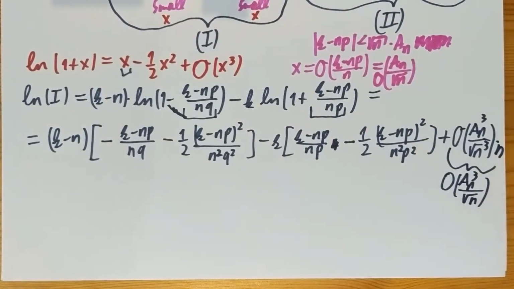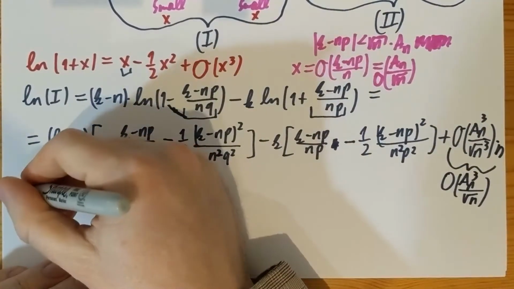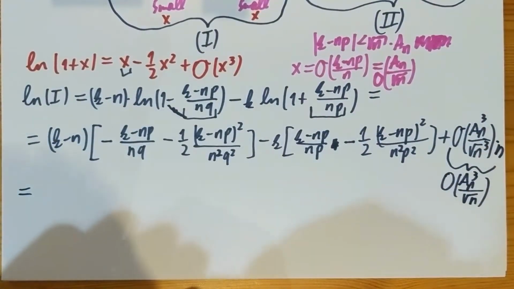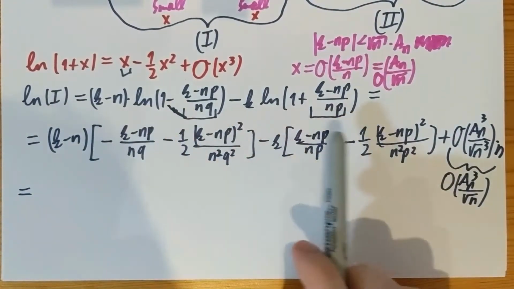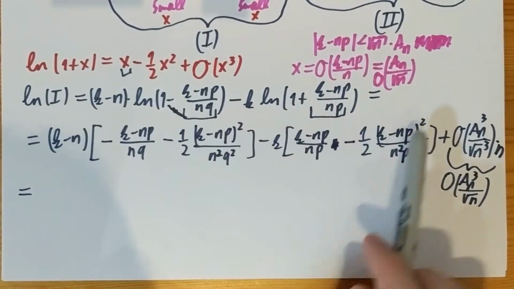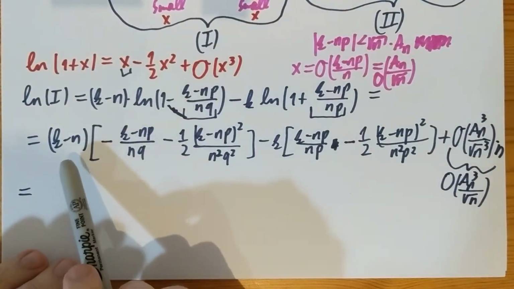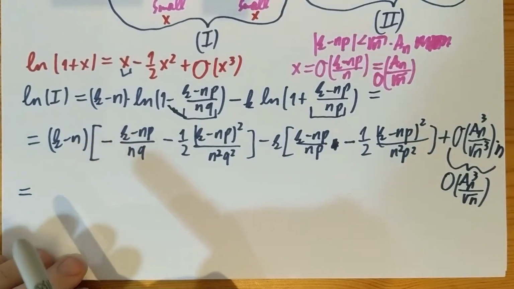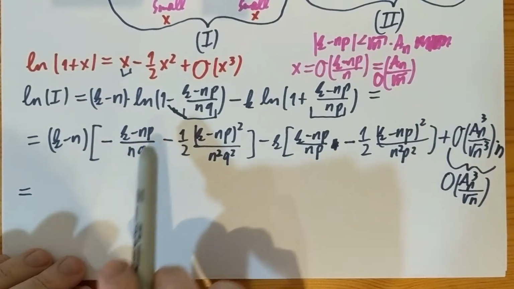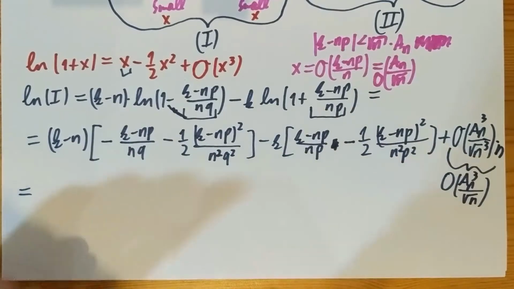The second step is going to be to collect the first order terms separately and the second order terms separately. The first order terms will each have a factor k minus np in them. That's a common factor.